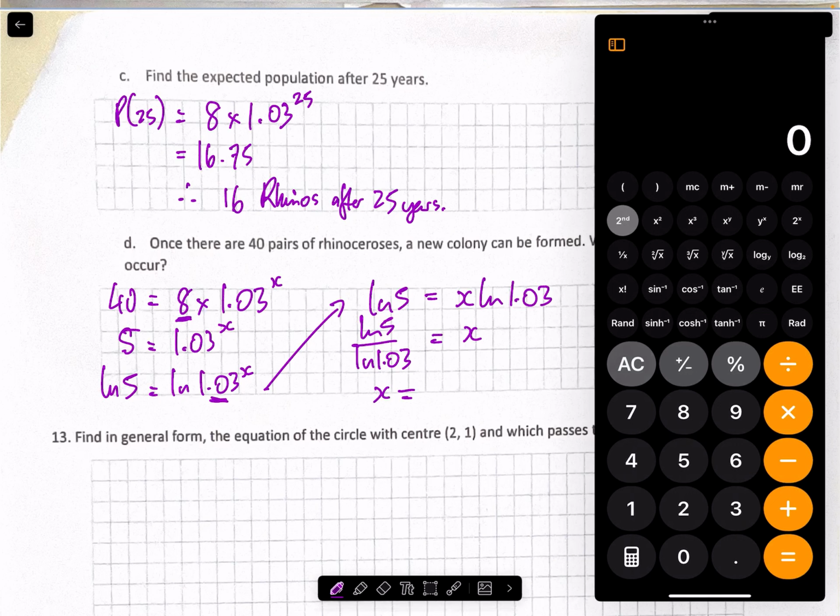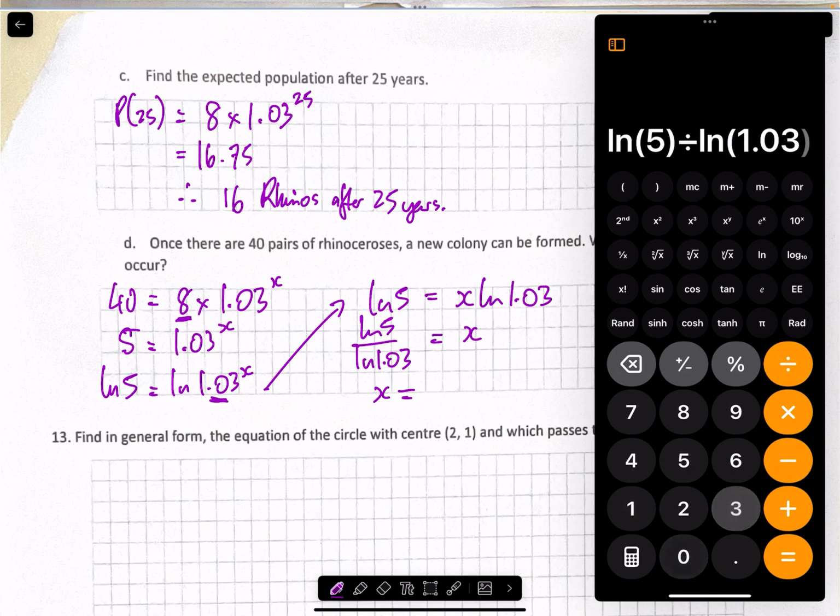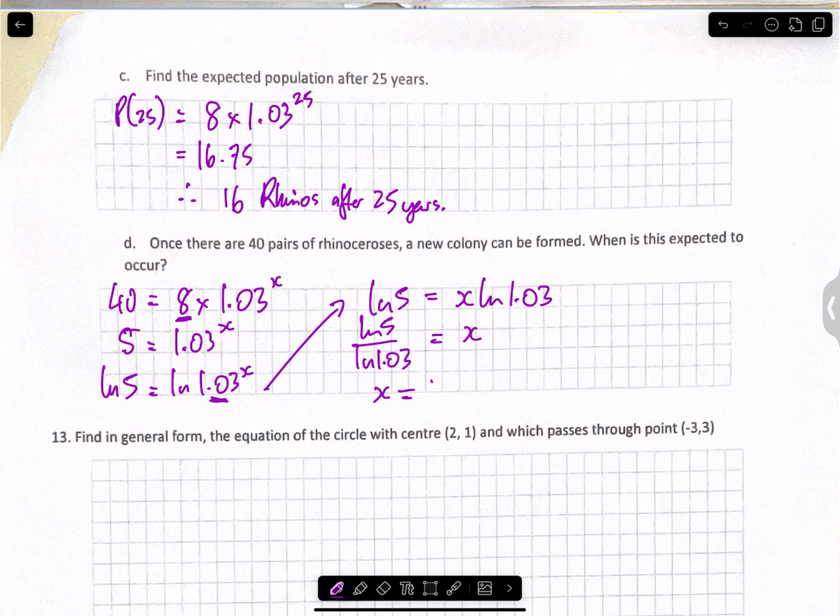Let's see if this calculator can handle natural logs. Yes, it can. ln of 5 divided by ln of 1.03 is 54.45 years to 2 decimal places.